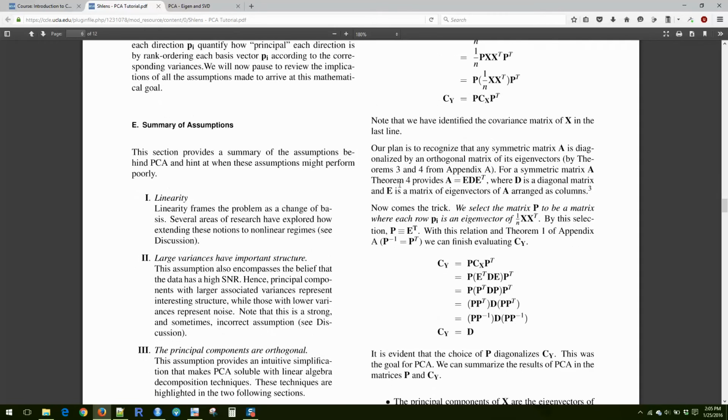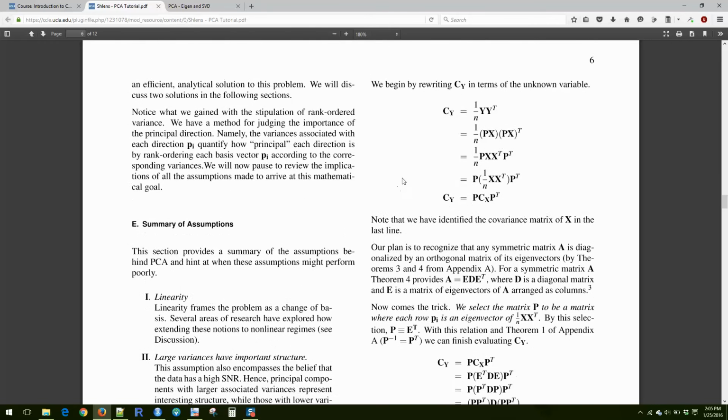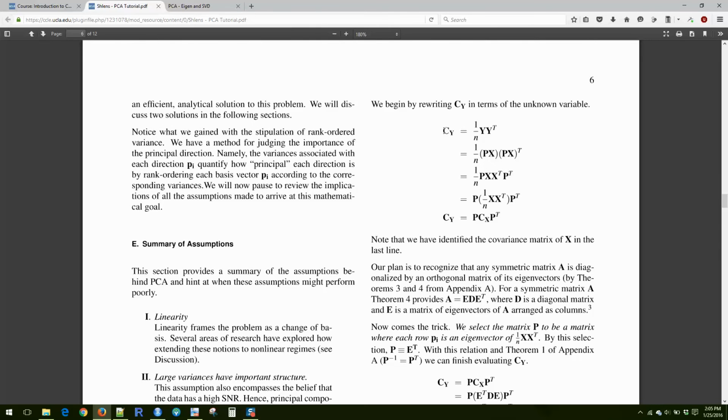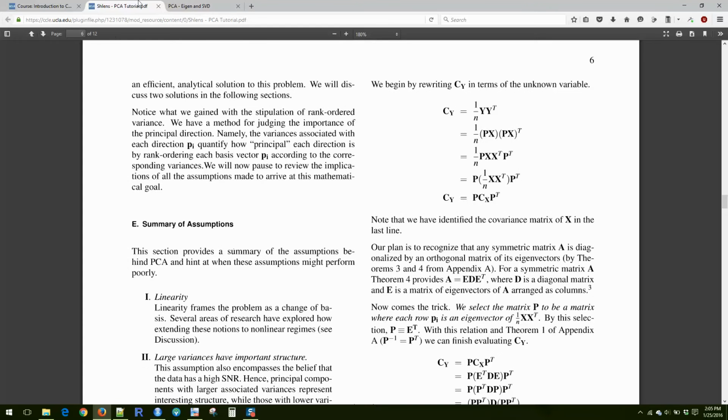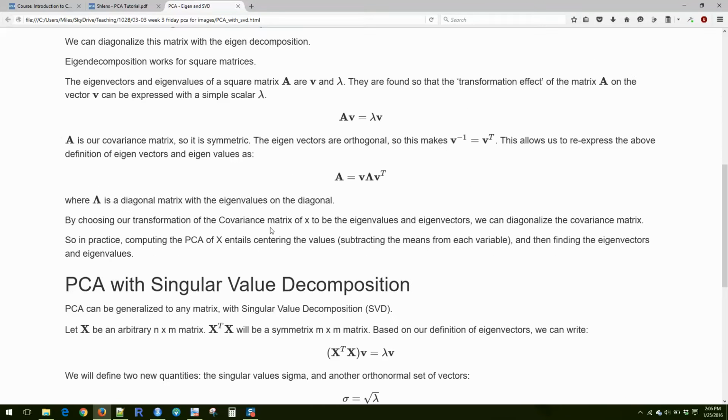So he's trying to express the covariance matrix of our re-expressed data y as a diagonal matrix, okay? By finding basically a transformation using P, okay? And in the tutorial, it ends up saying that this can be accomplished with the eigen decomposition.